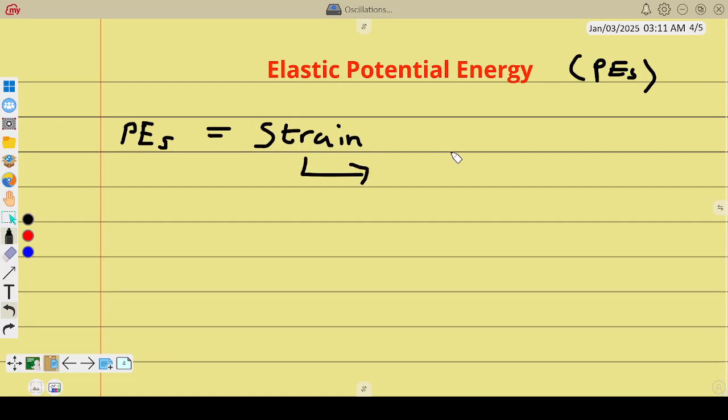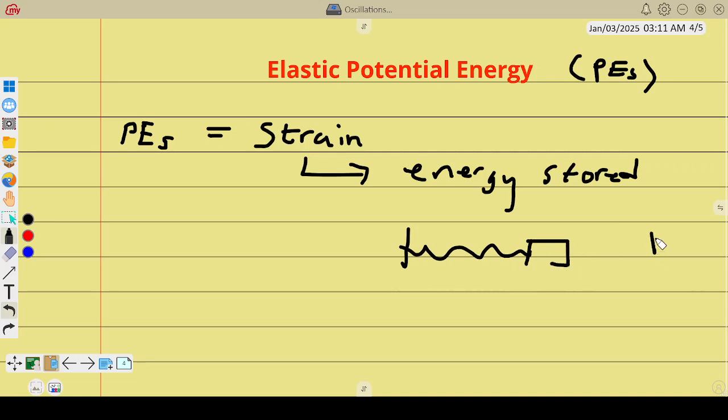We said strain is the energy that is stored in a spring. When you stretch a spring, it is now absorbing energy. That energy which is being stored is potential energy. That is the energy which will work hand in hand with the restorative force.